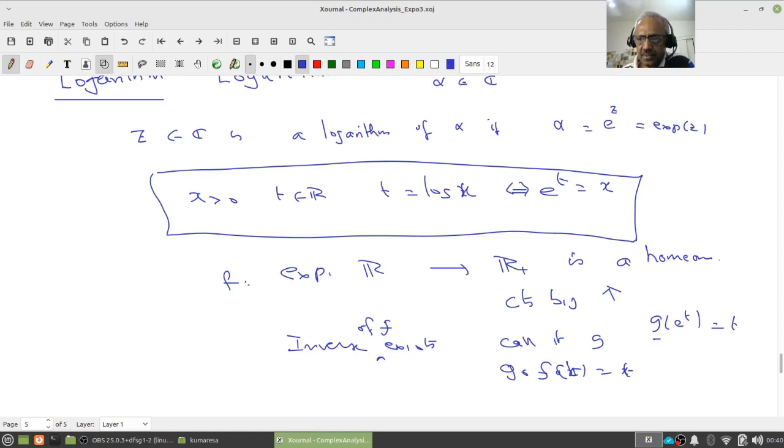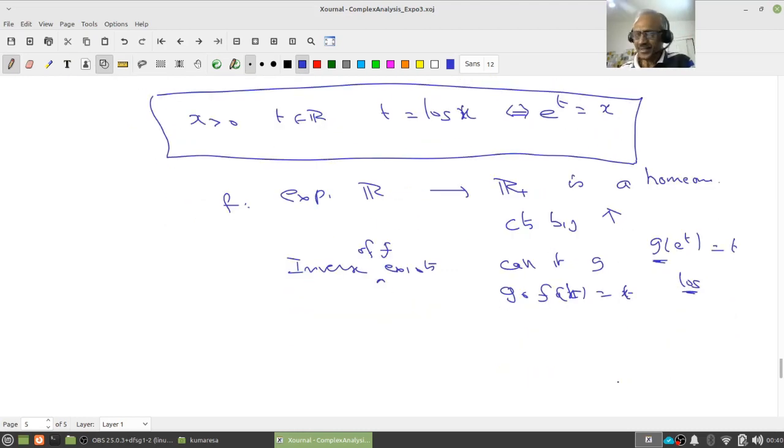Then you call g the logarithm. And remember, if I have an increasing function on an interval, its inverse is continuous. These are all part of real analysis. I don't know whether you learned these things, because in modern real analysis people only pay attention to metric spaces, so the real number things take a back seat.